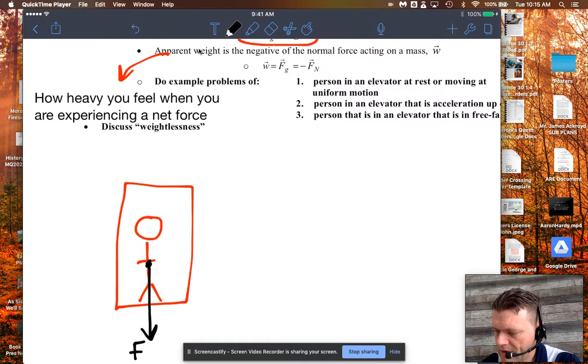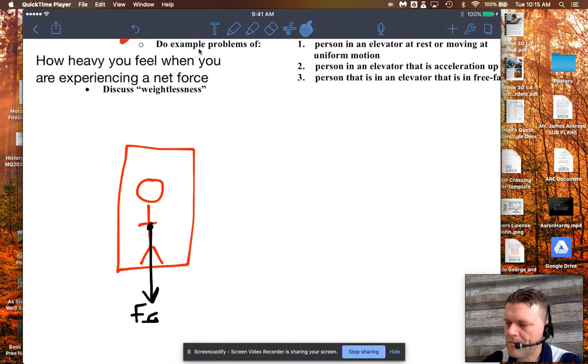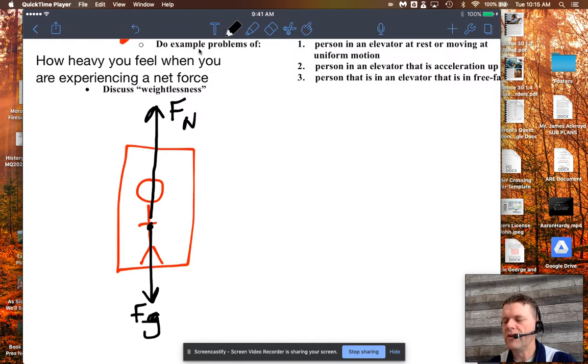The force of gravity is always straight down, depicted like that. And the floor of the elevator exerts a force up on you. I'm going to draw this one a lot bigger for starters because we're going to assume that you're moving up in the elevator to start with.